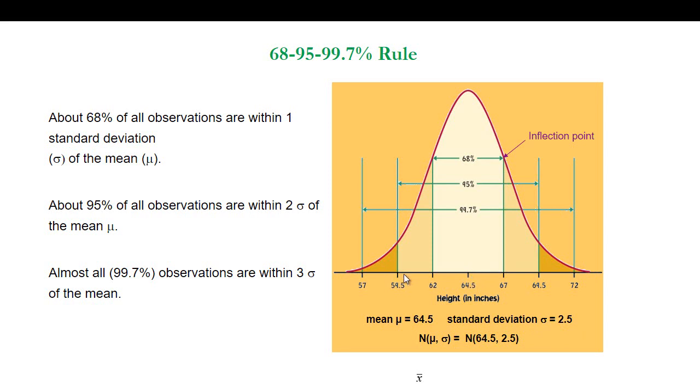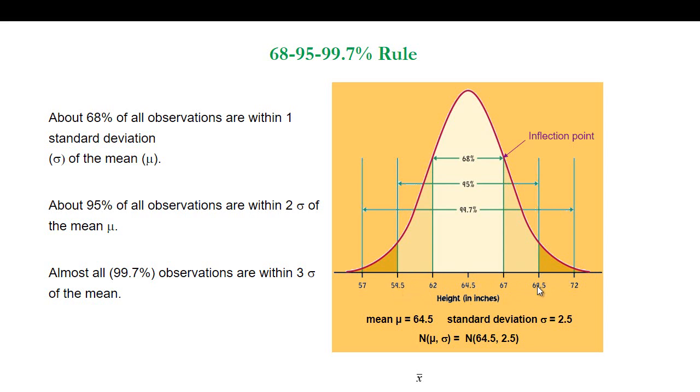This is two standard deviations away from the mean on the left, and this is two standard deviations away from the mean on the right, and 95% of the observations or the area fall in between these two numbers.